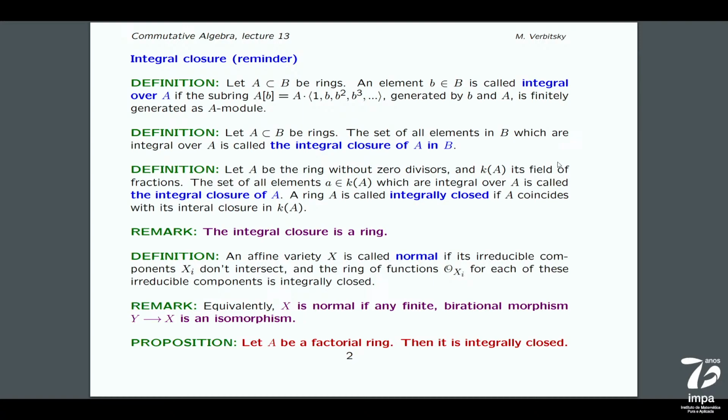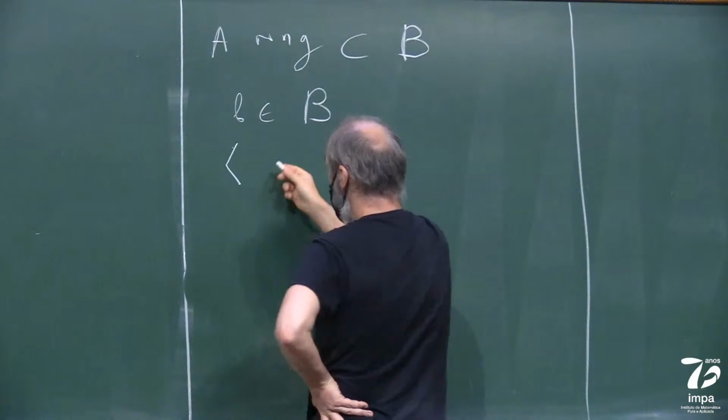Normalization and integral closures. So I remind about integral closure. Suppose you have a ring A, and it's contained in B. Take an element b in this ring B, and we consider a submodule generated by b and its powers.